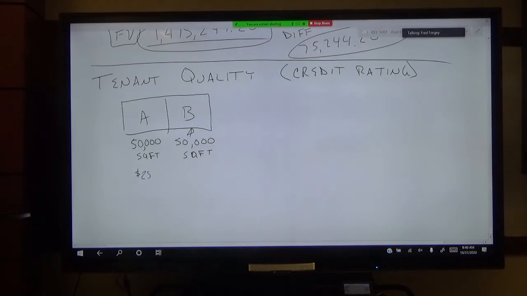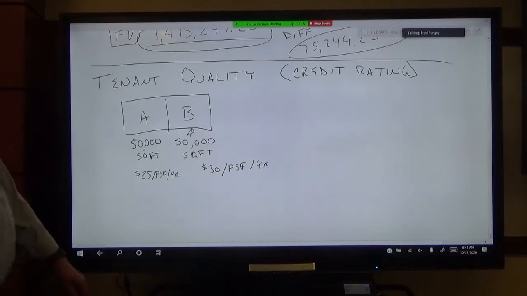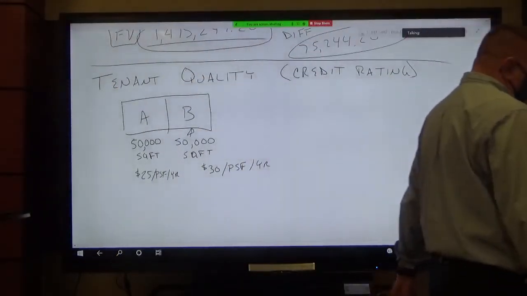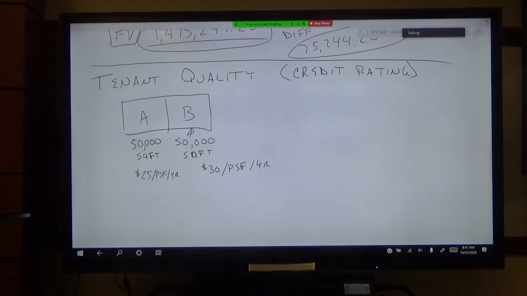Maybe they're going to pay $25 per square foot per year, whereas tenant B, because they're a lesser known tenant, is going to pay $30 per square foot per year. Now, as a lender, how do you think I may look at this in terms of a risk assessment? Thoughts?